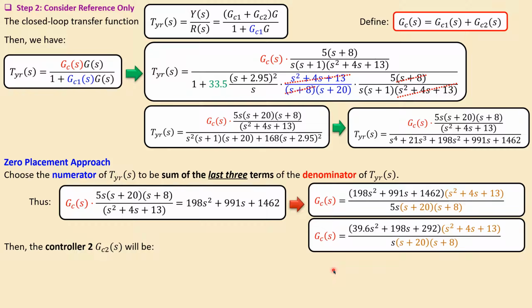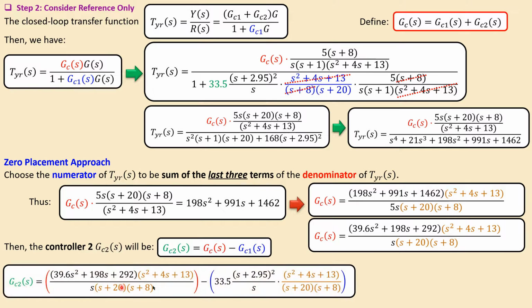Okay, then the controller 2, because we know the controller total is controller 1 plus controller 2, so controller 2 is then controller total minus controller 1. Straightforward analysis. So we need to know this green, the controller 2.